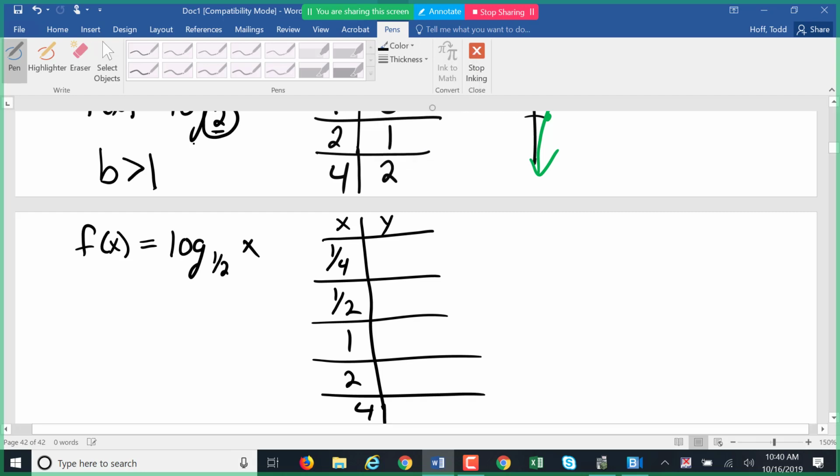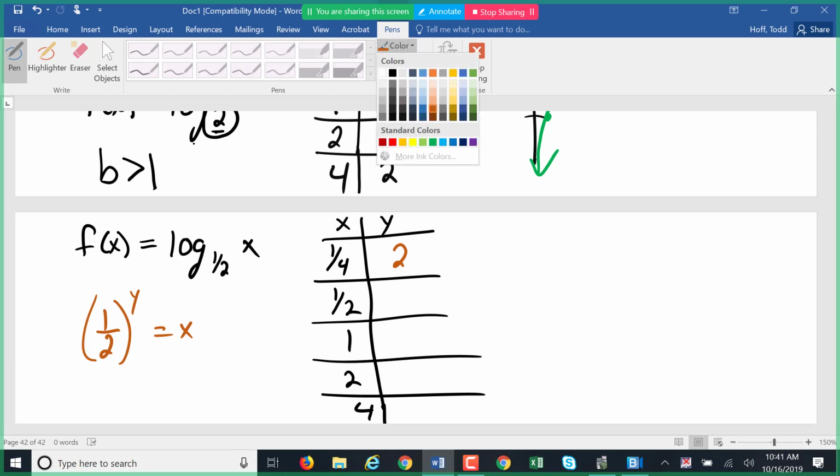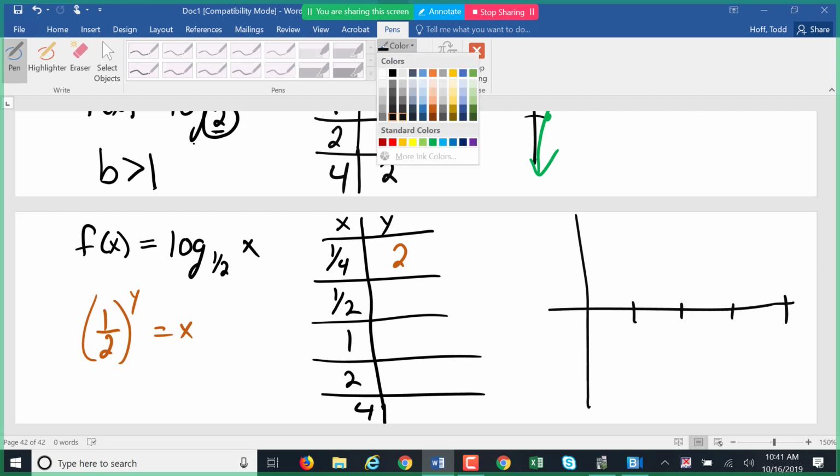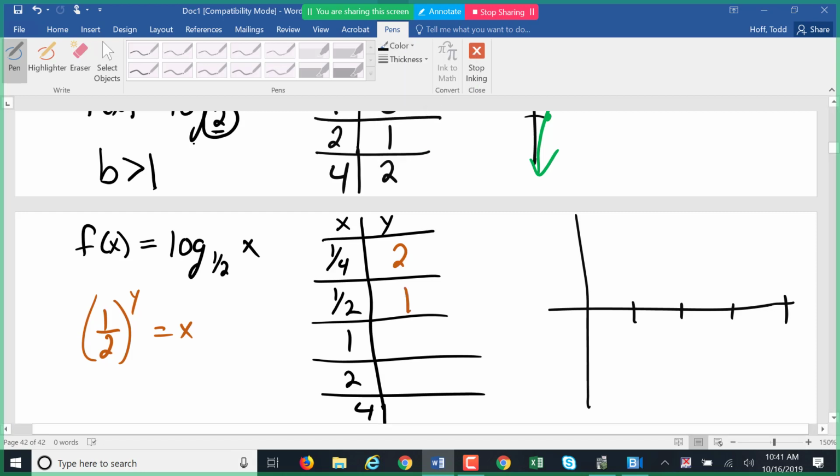This is asking us 1/2 to the power of y equals x. Well, if x is 1/4, 1/2 to the power of 2 equals 1/4. If x equals 1/2, 1/2 to the power of 1 equals 1/2.